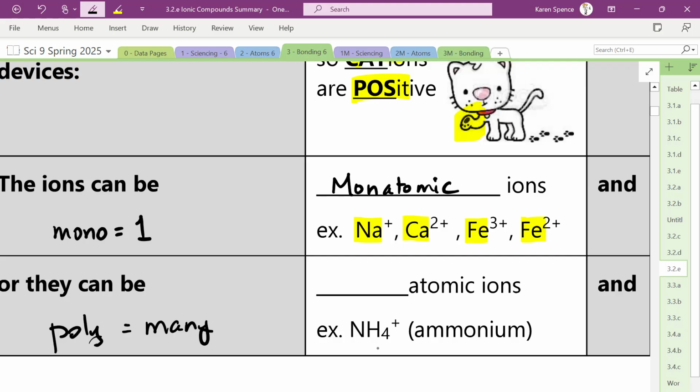So if we have an ion such as NH4 plus, that contains both nitrogen and hydrogens. In fact, 1 nitrogen and 4 hydrogens gives us 5 atoms in total. So that is a polyatomic ion.